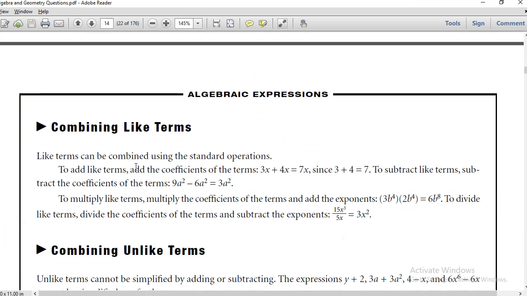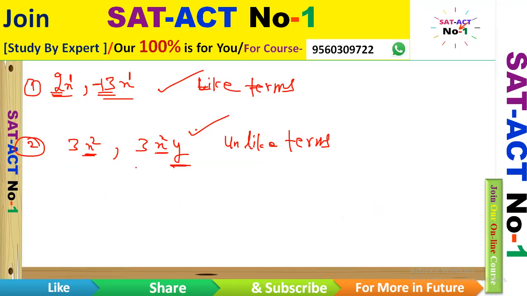Now, combining like terms. How can we combine the like terms? It's a simple mathematical operation which you have already studied in the basic classes. Suppose I say you have to add 2 plus 3, both are numerical values, you can simply add and say 2 plus 3 is equal to 5.